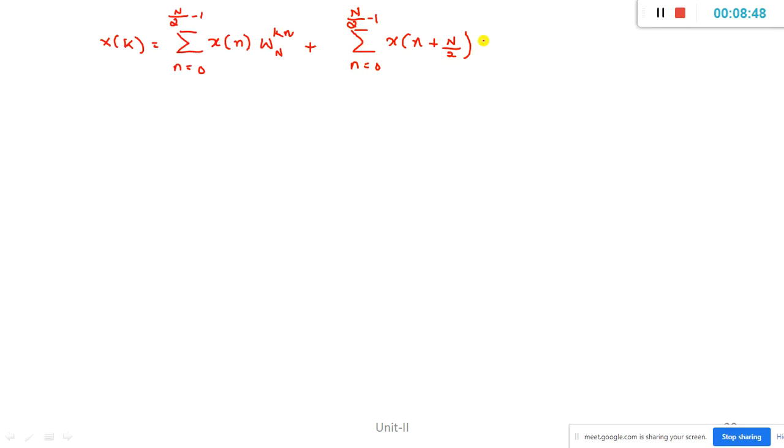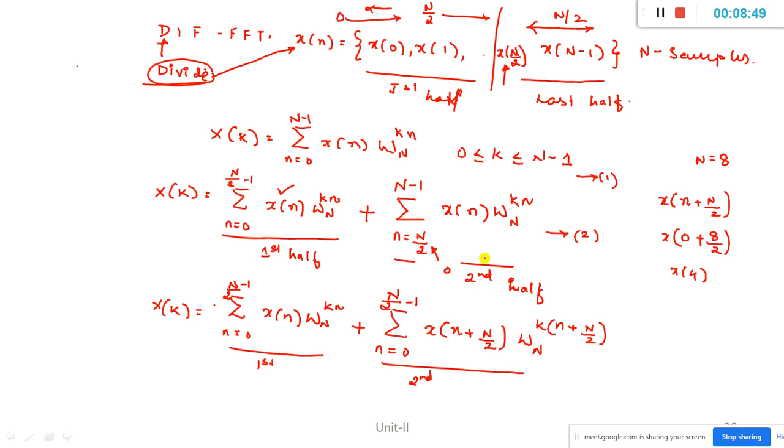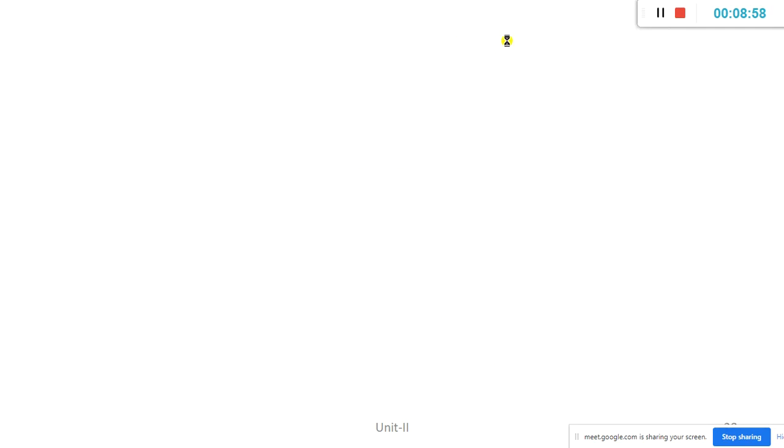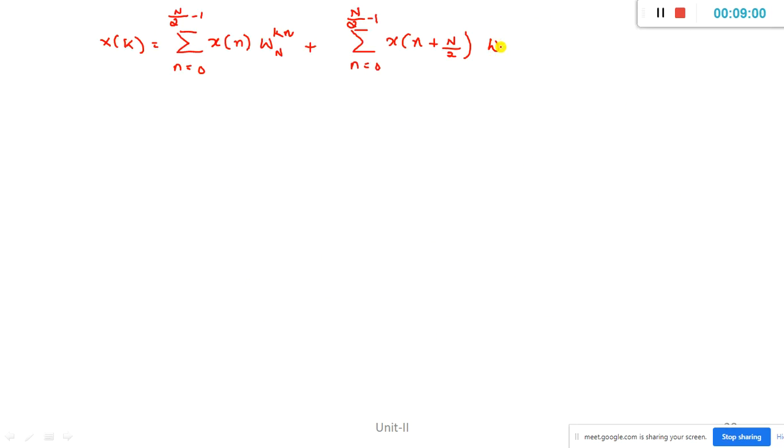Now the twiddle factor is to be multiplied. So what we do is W_N^{kn} into W_N^{kn/2}. Okay, let me multiply the k value inside. So that is W_N^{kn} into W_N^{kN/2}.